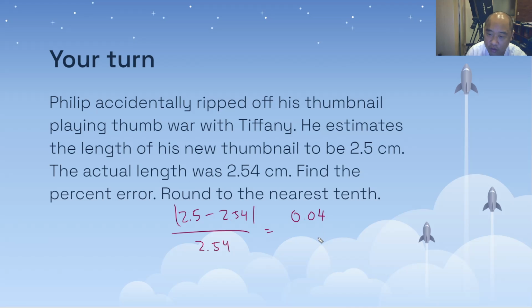And so this is 0.04. Is that right? Yeah, that's right, over 2.54. And what does that equal? Let's take a look.